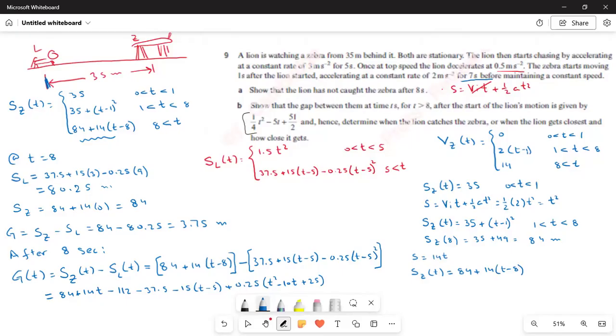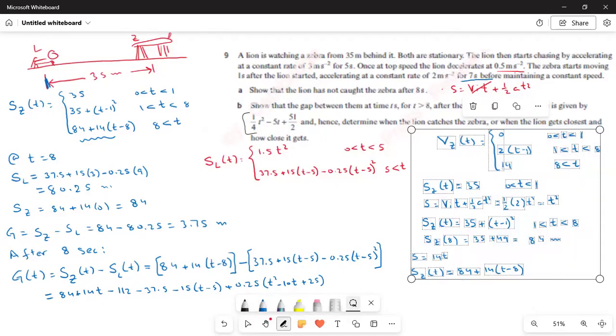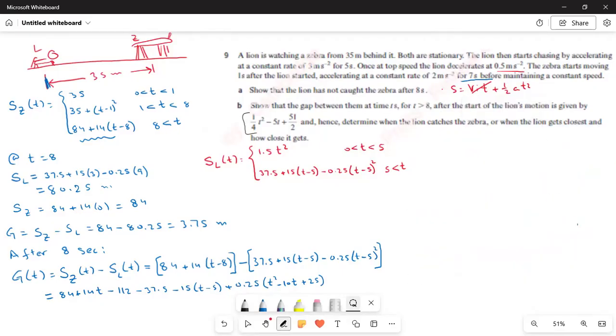Okay, so I need more space, so I will get rid of this now. I'm sorry.